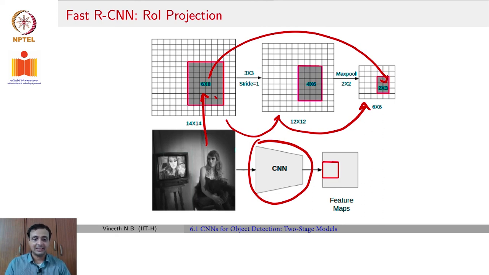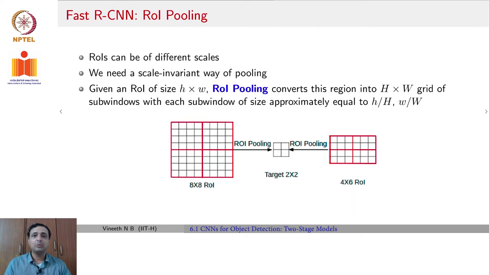As a next step, after projecting the region proposals onto the feature maps, we need to bring all of these region proposals to the same size, for the same reason that we said that the next layers can only take input of the same size. To do this, fast RCNN proposes a module known as ROI pooling. ROI stands for region of interest again.